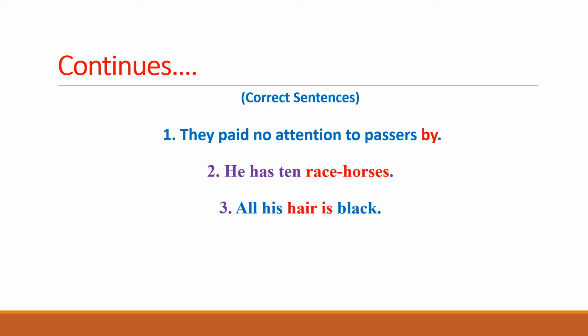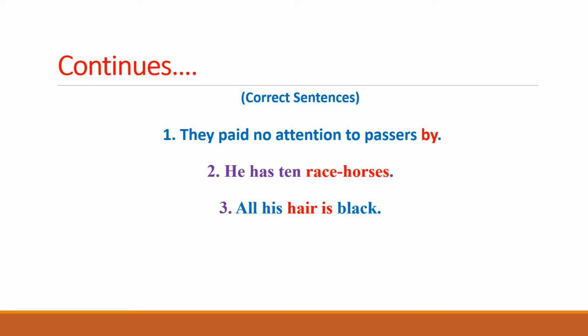The correct sentence is: they paid no attention to passers-by. So previously, by was made plural, whereas we need to focus and make the plural of the main word. And the main word is not by, rather passer. That's why passers has been highlighted in this one.